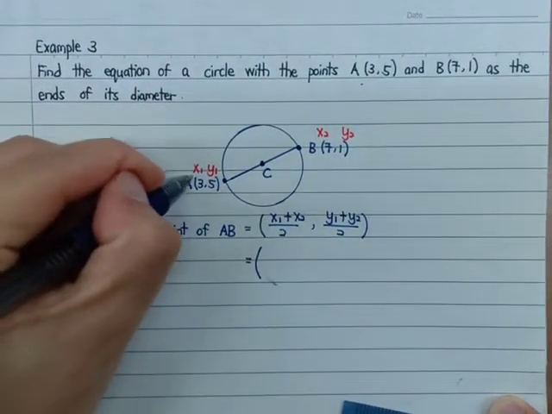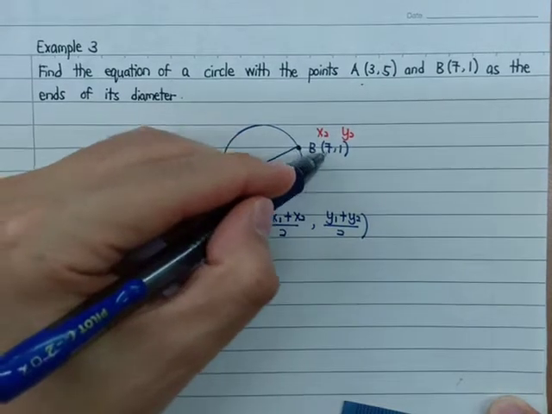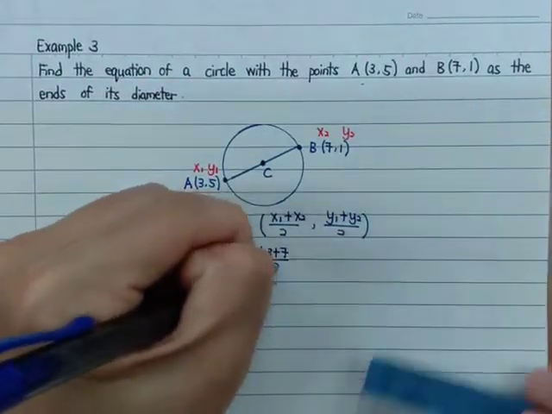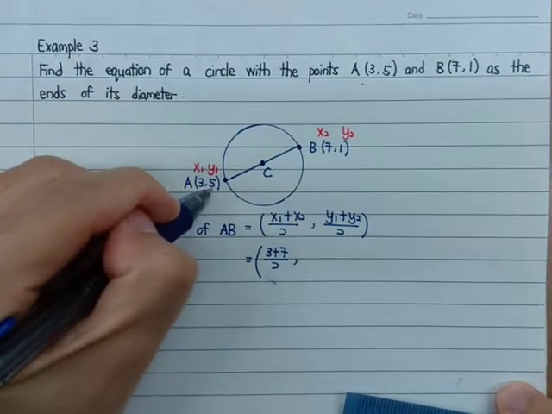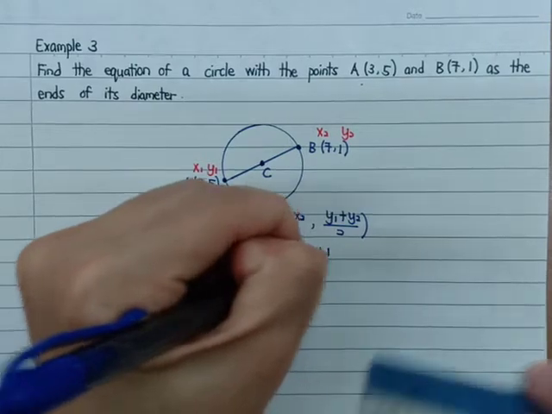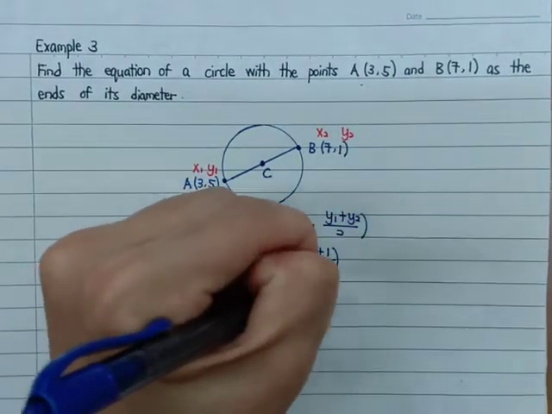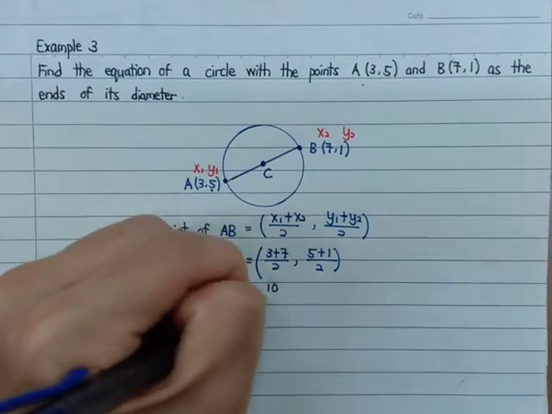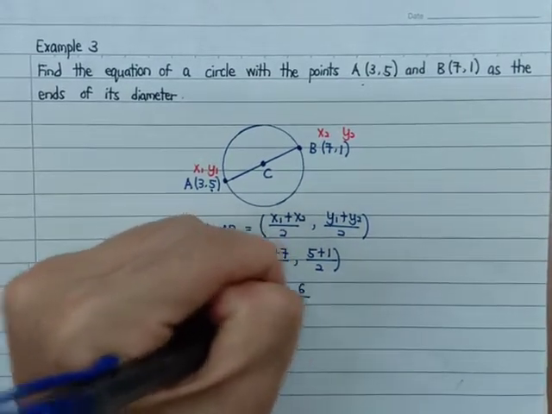So x1 is 3, x2 is 7, which means 3 plus 7 divided by 2, y1 is 5, y2 is 1, so 5 plus 1 over 2. If I simplify, this is 10 over 2, here is 6 over 2.